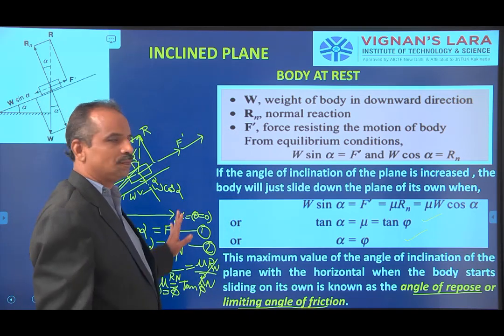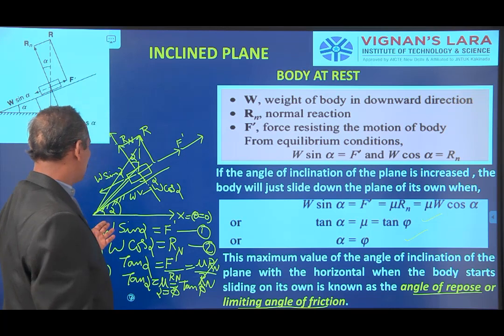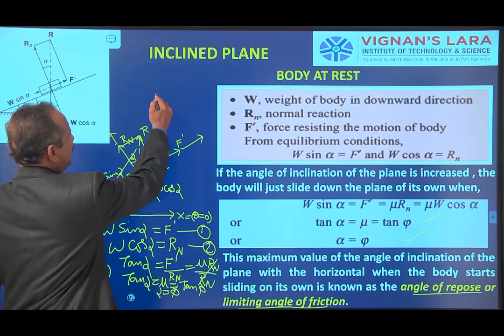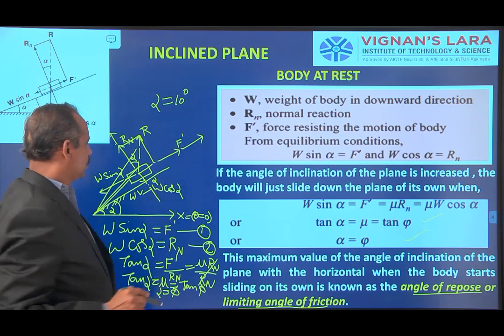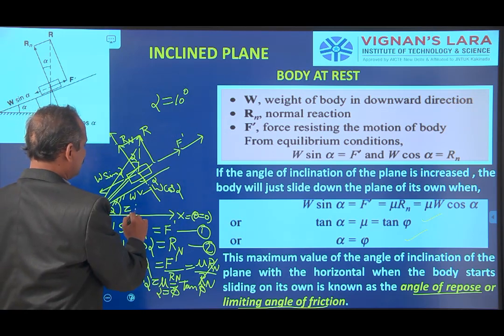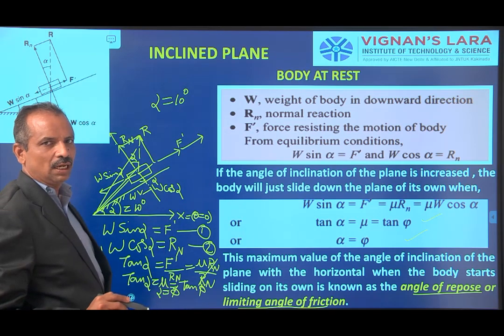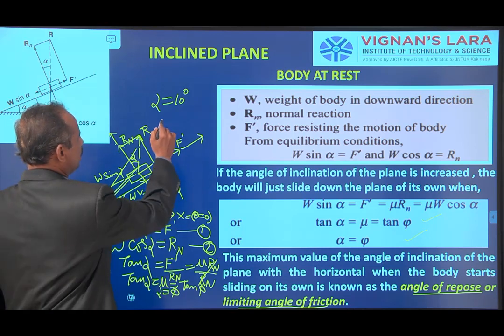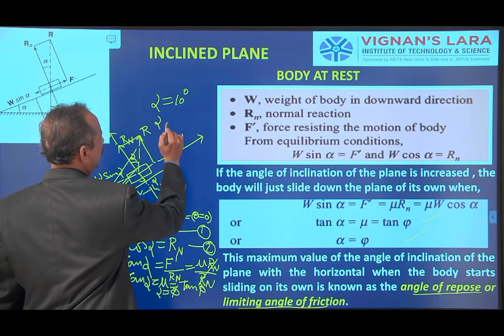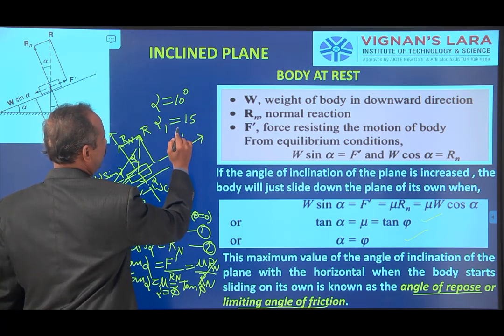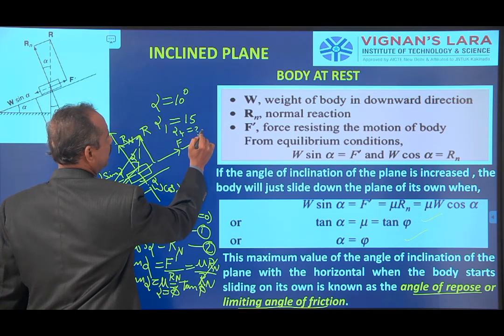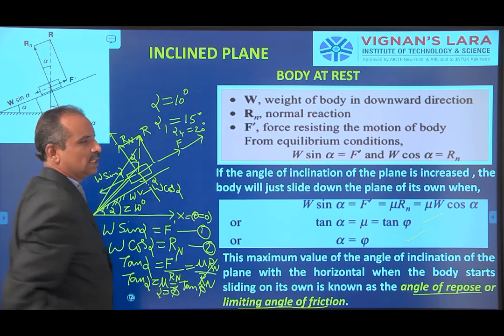Say a case, you can take alpha as 10 degrees. When alpha is 10 degrees, the body is not moving down on its own weight. Suppose I increase alpha to alpha 1 like 15, alpha 2 like 20, and go on increasing.